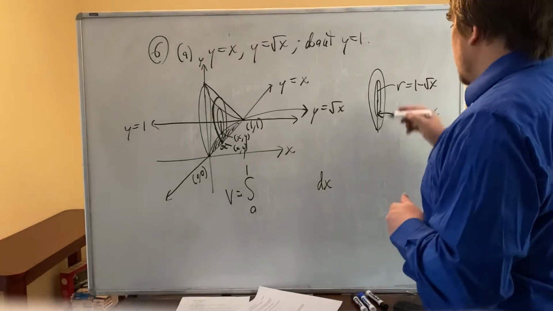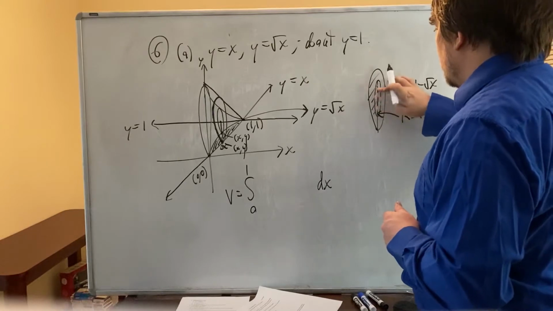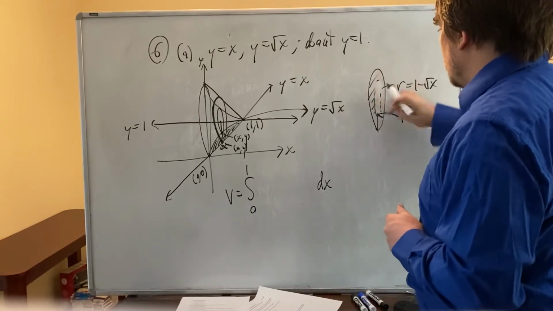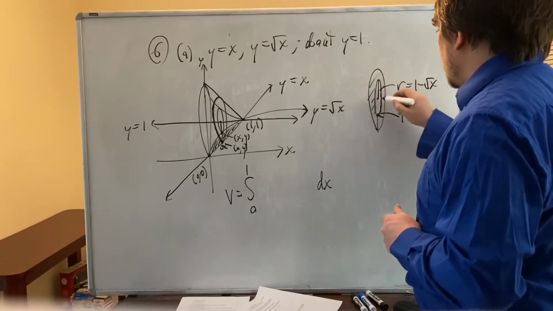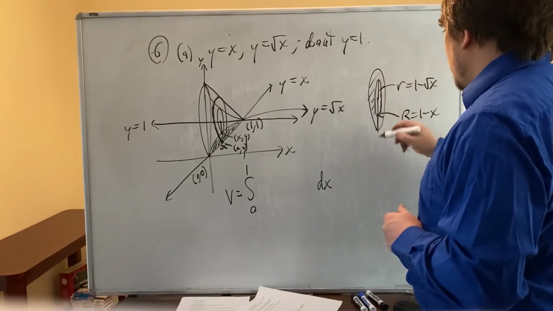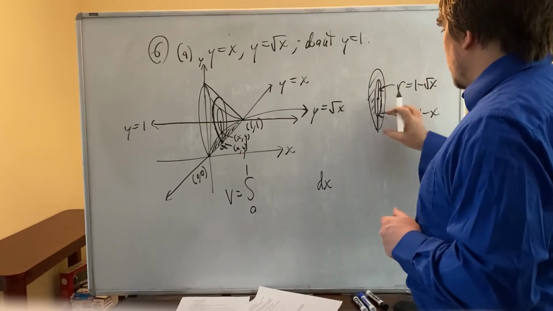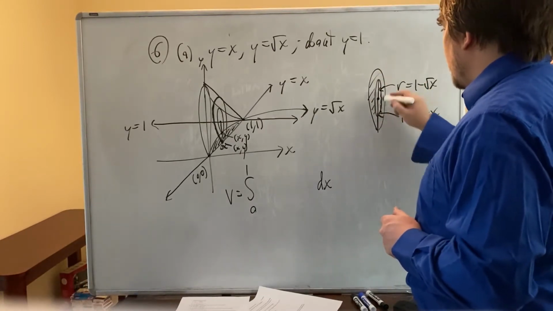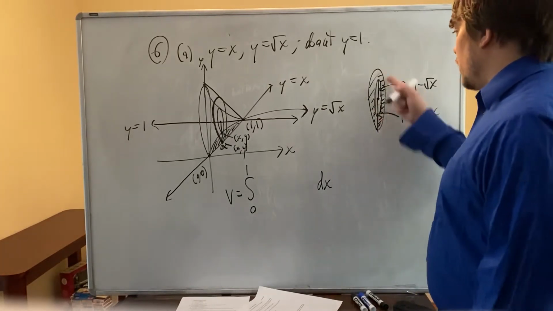The area of the entire washer: little r is this part, and capital R is that whole thing, right? The area of the washer is the area of the space between the two regions, right?